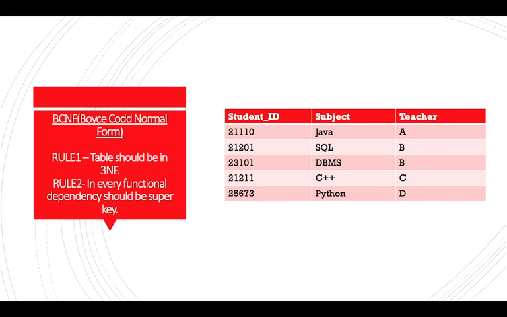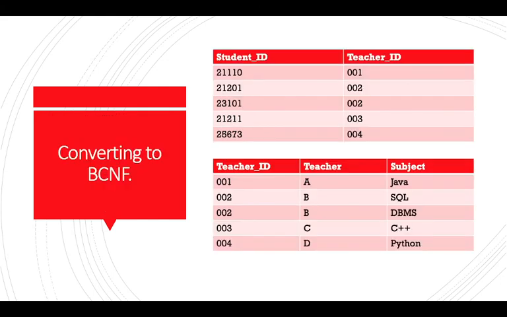Now, how can we get our relation into BCNF? It's pretty simple. We are going to decompose our table again. That is what we have been doing from our first video, right? We are going to decompose our table into two tables. We can create another column called teacher ID.